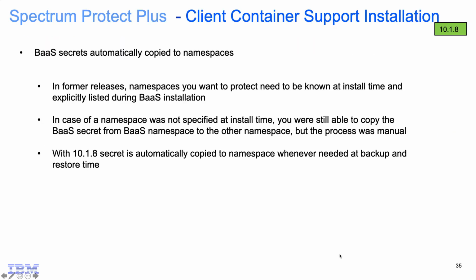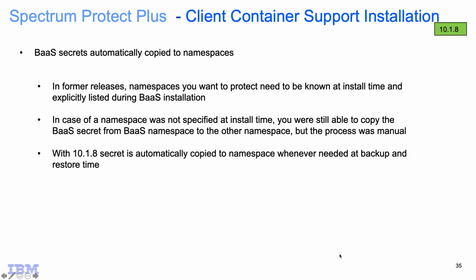Continuing with client container support, we've eased the installation and the manual work that you have to do with the Spectrum Protect Plus BaaS client in 10.1.8. You used to have to specify the namespaces that you were going to protect in your cluster, either in the backup script or by copying over the secrets from one namespace to another when you did a backup.